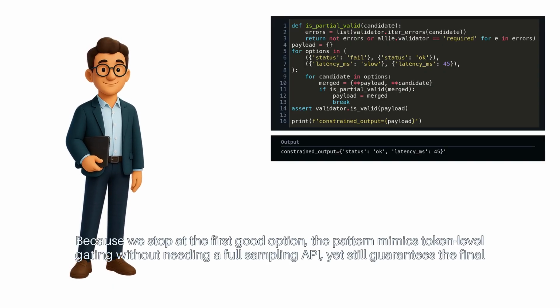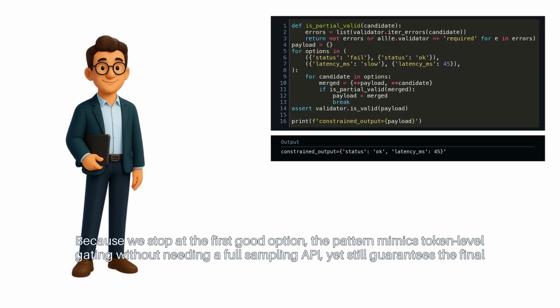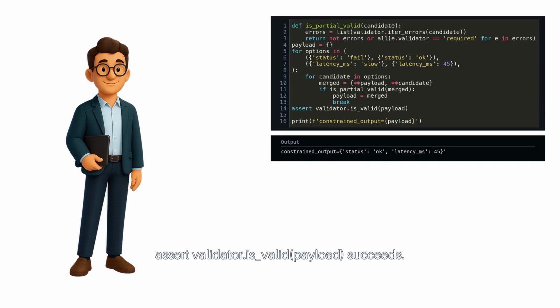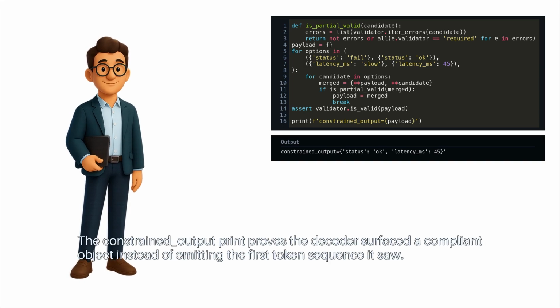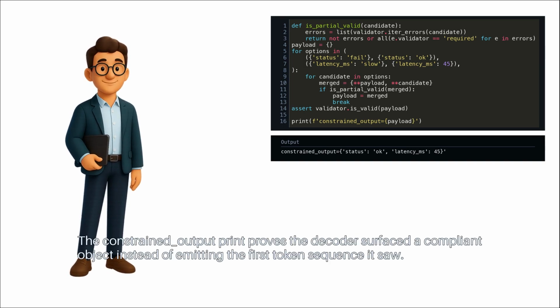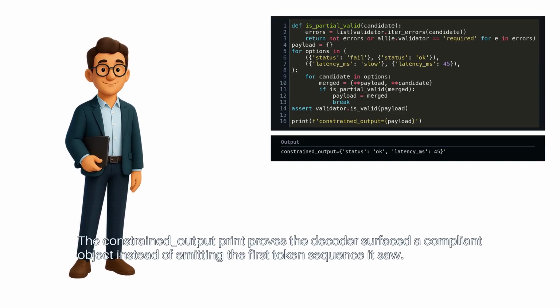Because we stop at the first good option, the pattern mimics token-level gating without needing a full sampling API, yet still guarantees the final assert validator.is_valid(payload) succeeds. The constrained output print proves the decoder surfaced a compliant object instead of emitting the first token sequence it saw.